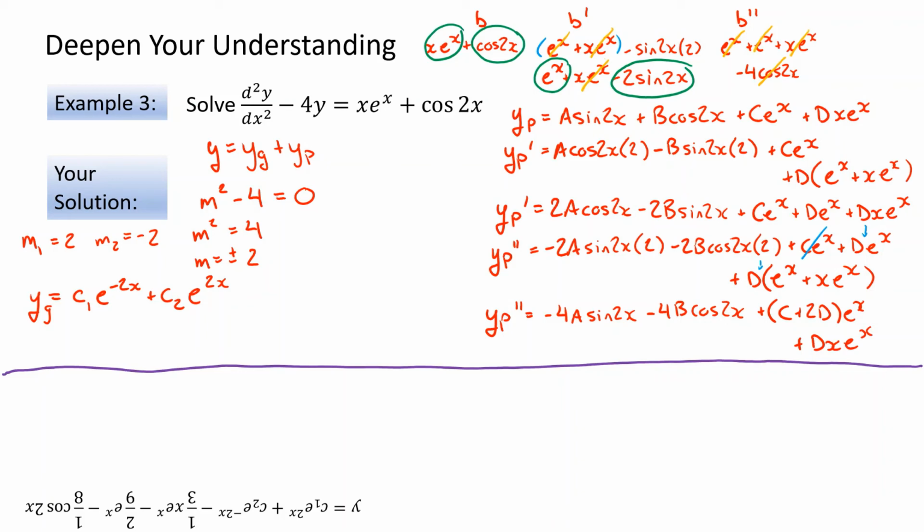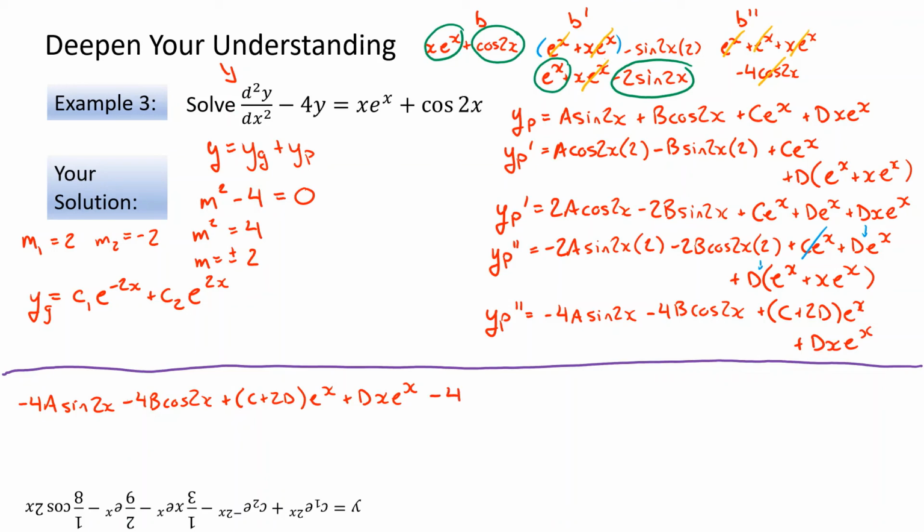So we have our second derivative. Okay, remember I'm substituting into this function up here. So we have our second derivative, which I substitute in, negative 4a sine of 2x minus 4b cosine of 2x plus c plus 2d e to the x plus d times x e to the x. That's our first term.